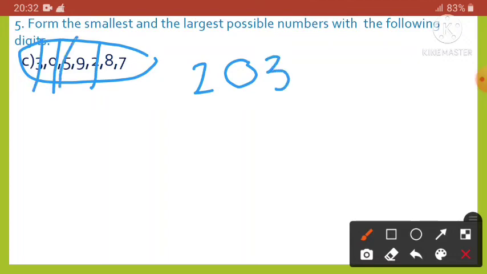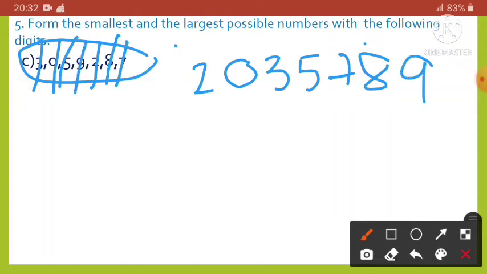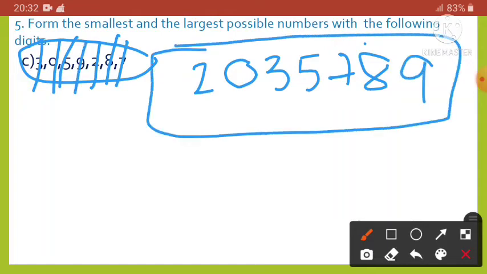Next smallest number is 5, so write 5. Next smallest number is 7, so write 7. Next smallest number is 8, so write 8 here, and then the largest number, that is 9. So it is the smallest number using all these numbers here.